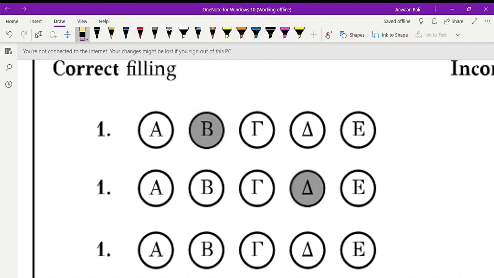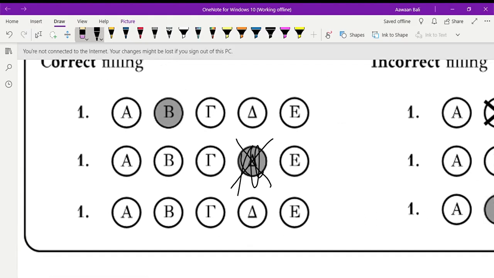So basically you get the idea. You shade in the option that you think is correct, and then you cross out the option that you said was wrong. My writing would be a bit dirty since I'm working here on OneNote, so I apologize for that. But furthermore, let us continue.